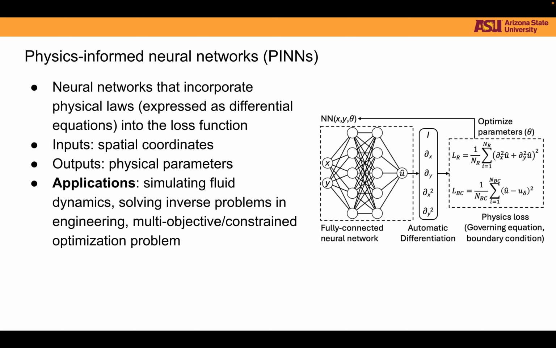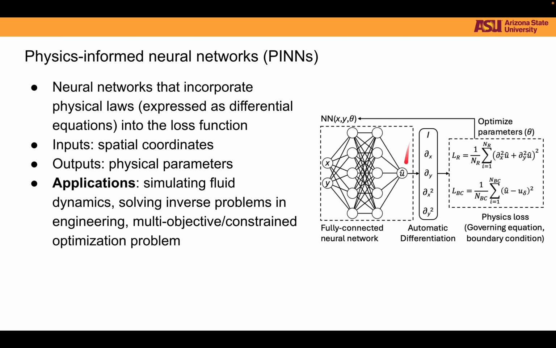And so the specific type of machine learning method that we're going to be using is called a physics-informed neural network, where essentially we're able to encode some physical meaning to our outputs. The figure shown on the right here shows that we can take some spatial input, run that through a fully connected neural network, and output some sort of flow parameter, say velocity or pressure.